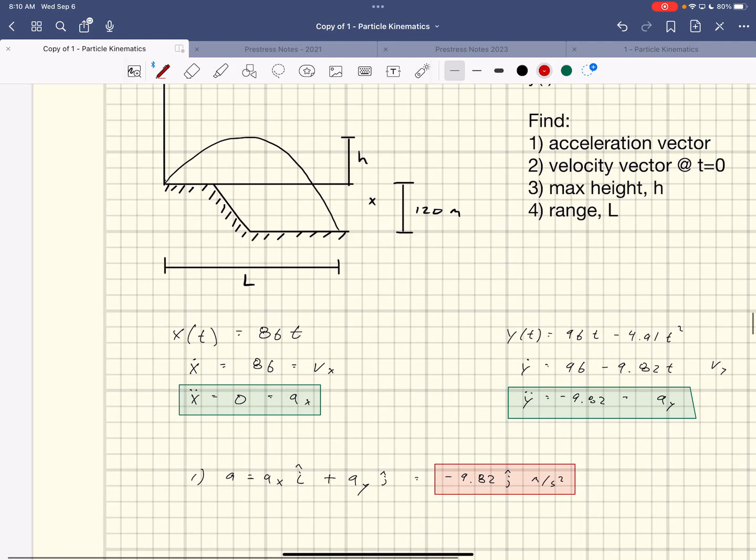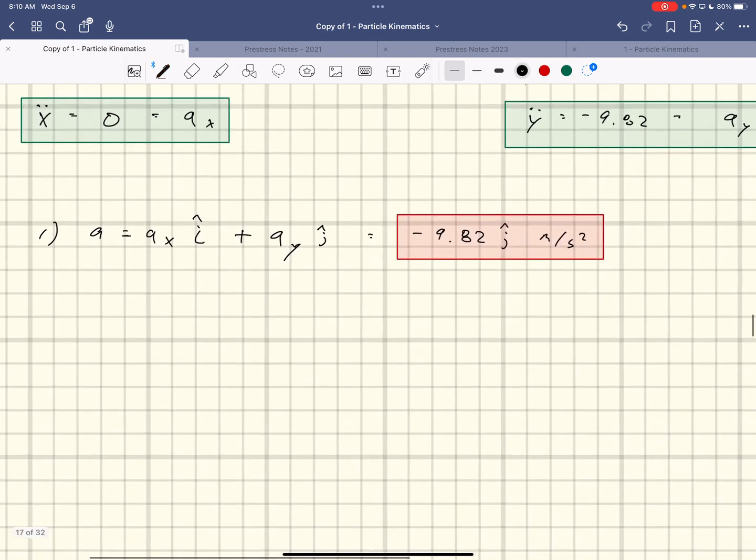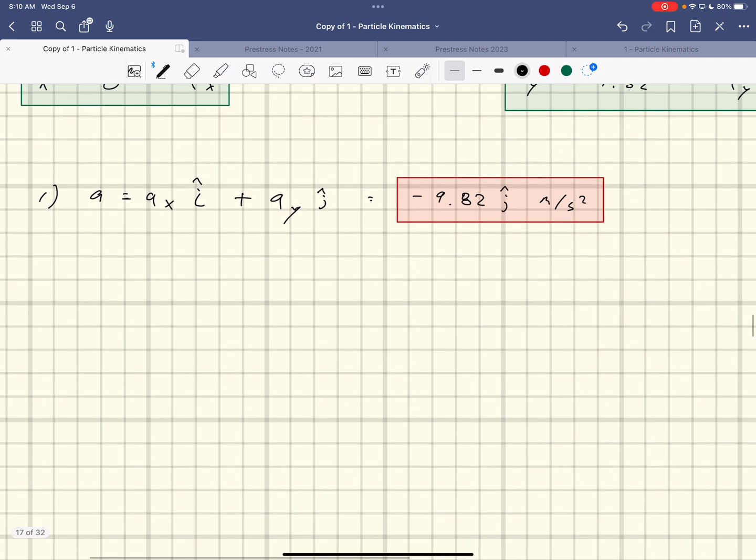The second part of the problem said the velocity vector at t equals 0. The second part was the velocity vector, v. Right, Vx in the i plus Vy in the j.